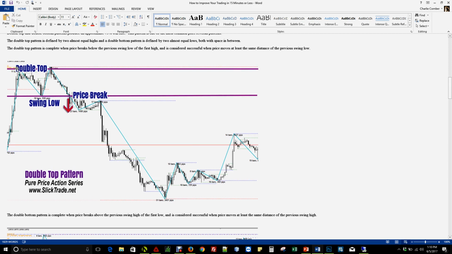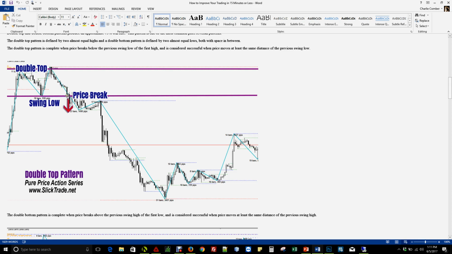So either way, we've got this first top right here, your high. The price comes down a little bit, starts to form that M, comes back up right around that same high. It's not exact, but you're going to see that M pattern, basically. And then price starts to come back down.